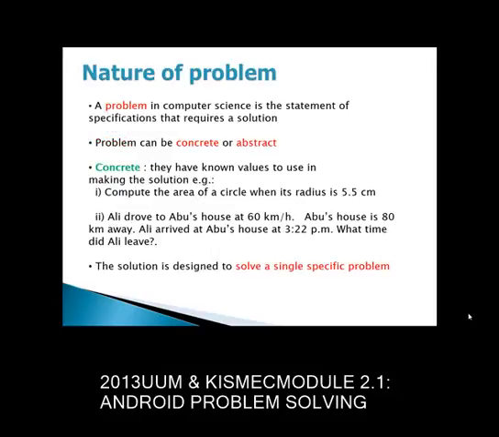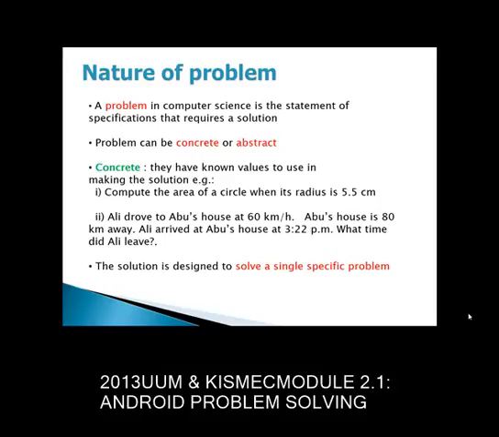Before we can turn any problems into computer solutions, we need to understand the problem. We need to look into the problem and how we can turn it into what we call a computerizable solution. When a computer scientist or a programmer looks at a problem in computer science, it is the statement of the specification that requires a solution.